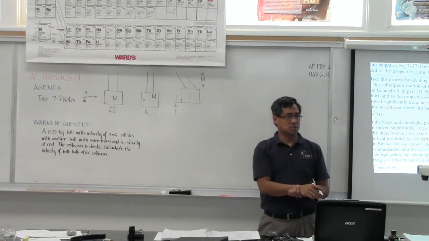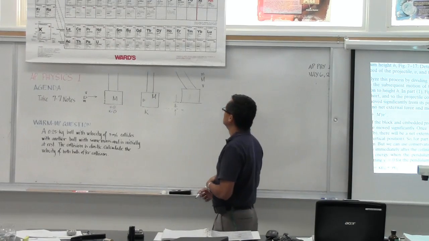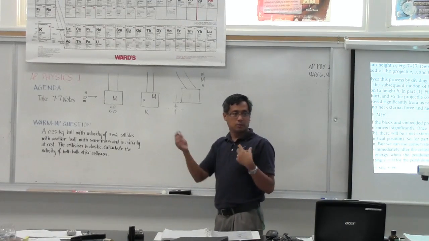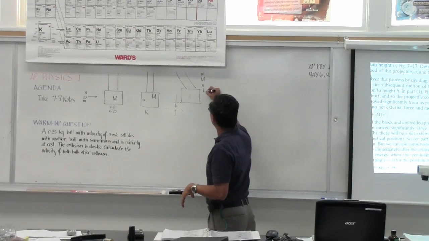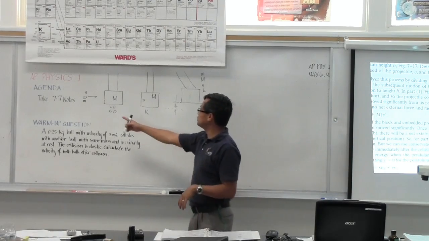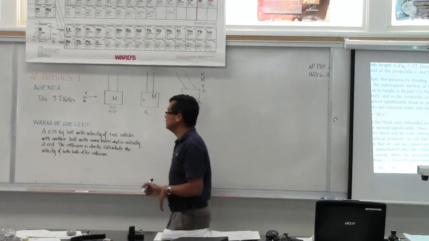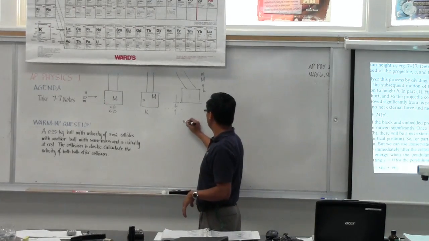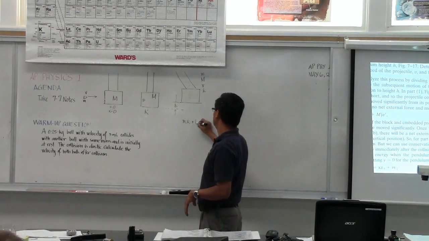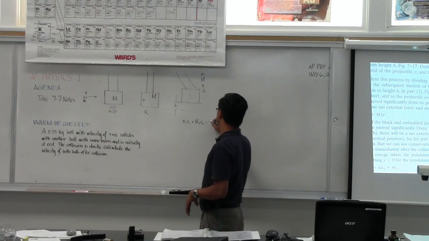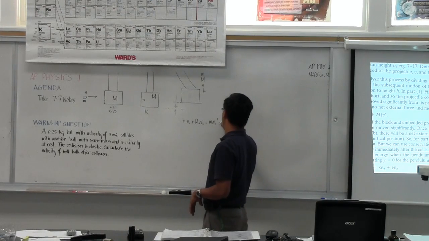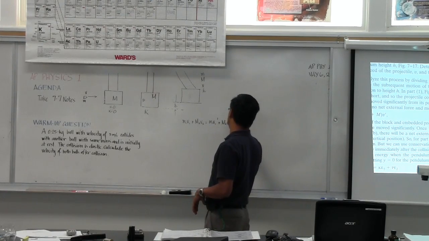We're looking for H, so let's say we'll isolate H. So we will now try to determine the velocity of this block of wood. We'll start off with m1 v1 plus m2 v2 equals m1 v1 prime plus m2 v2 prime.